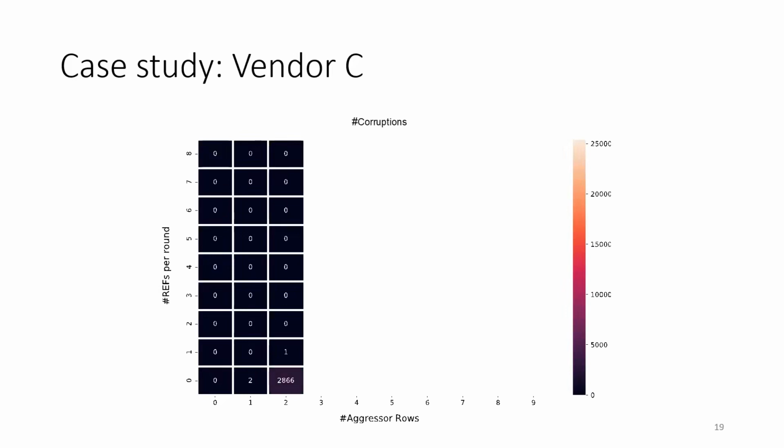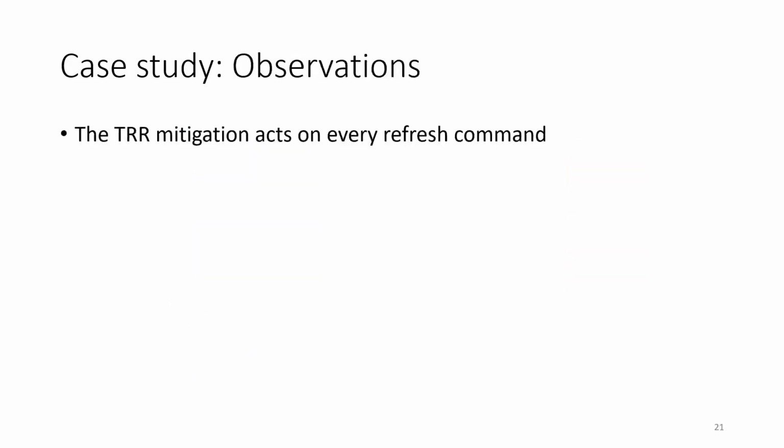Increasing n to 2, the third column already tells us something interesting. It can be noticed that introducing one refresh operation at the end of each round, the number of bit flips decreases from almost 3,000 to only 1. This leads us to the first observation, that is, the mitigation acts on every refresh command.